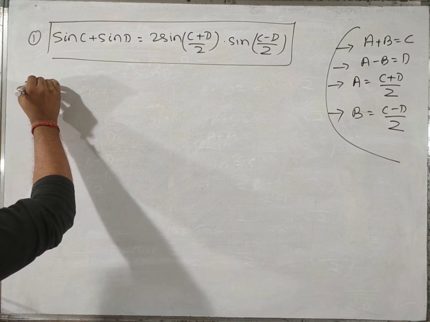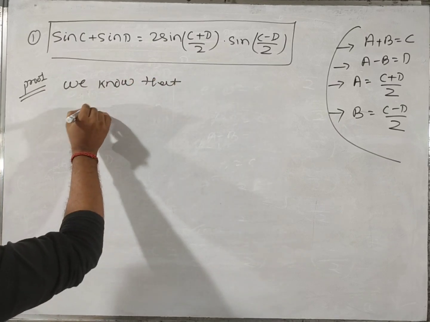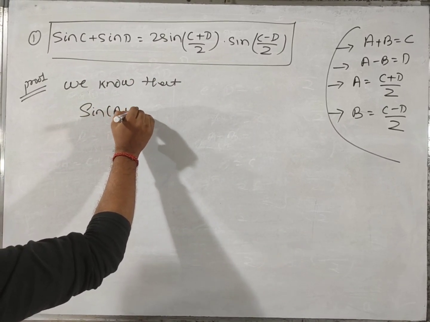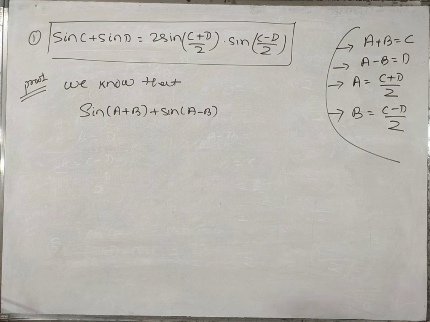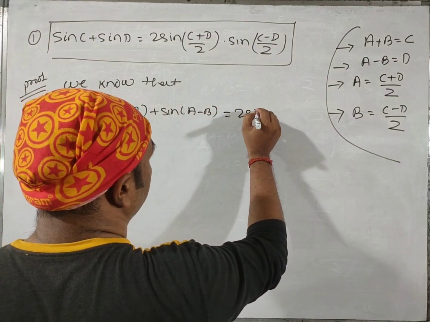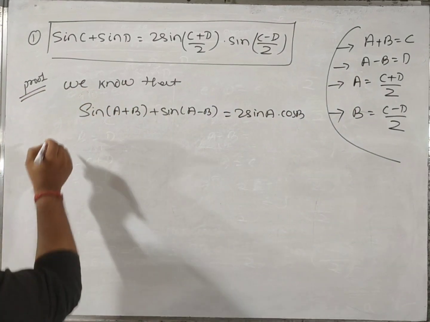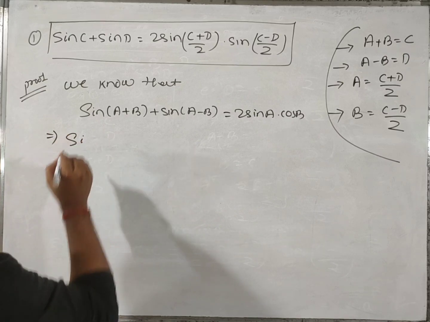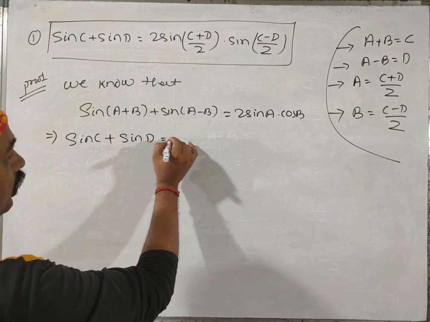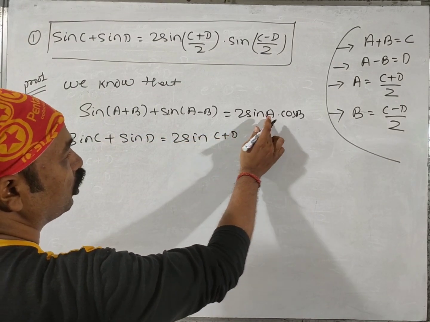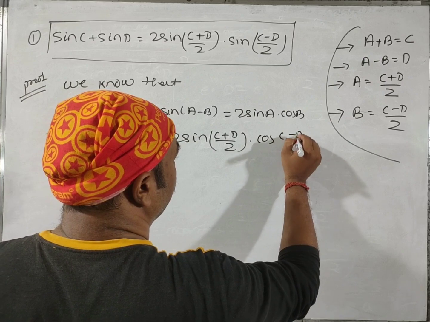We know from the first type that sin(A plus B) plus sin(A minus B) is 2 sin A into cos B. By putting these values here, sin C plus sin D is equal to 2 sin, in place of A we put (C plus D) by 2, and in place of B we put (C minus D) by 2.